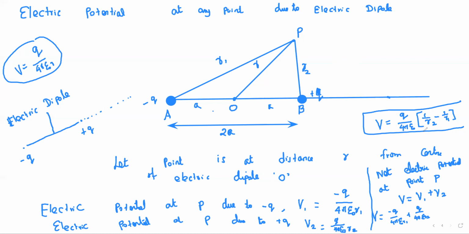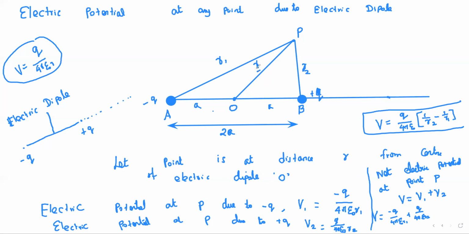Okay, but we are not done here. We should represent this V in terms of R. We don't have the values of R1 and R2. For our formula application, we take R1 and R2. But basically, this is my electric dipole, and I want to find the electric potential at point P, which is at some distance R from the center of the electric dipole.